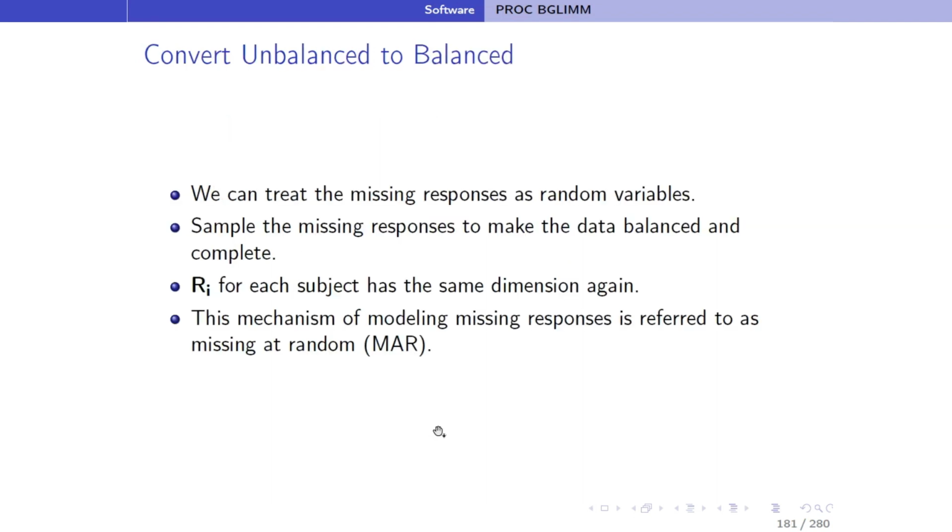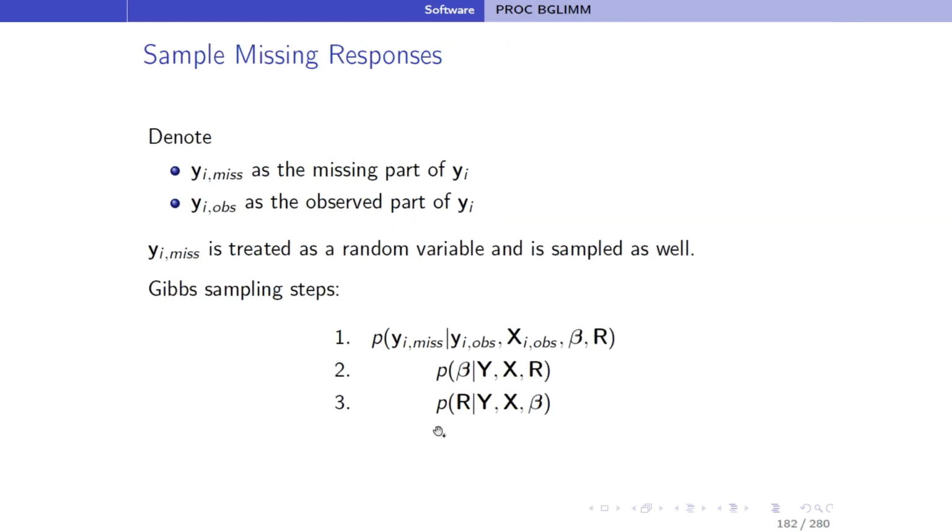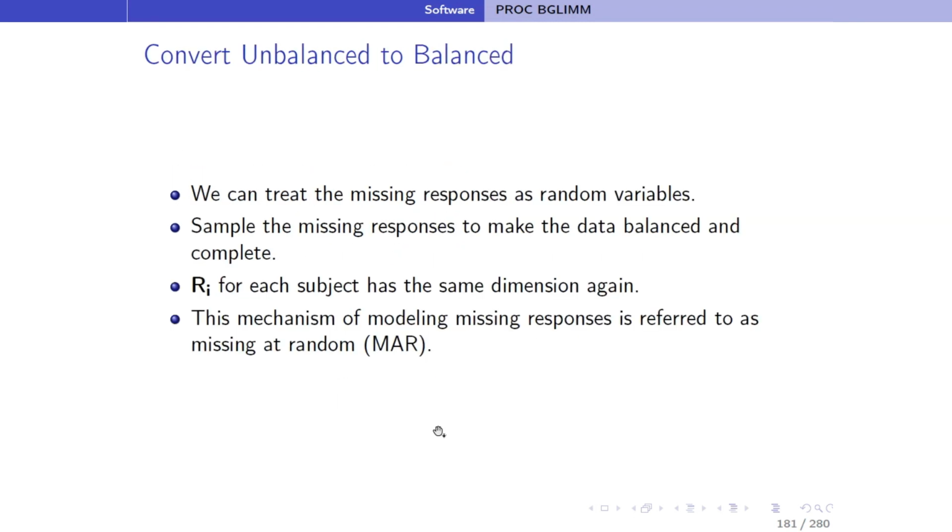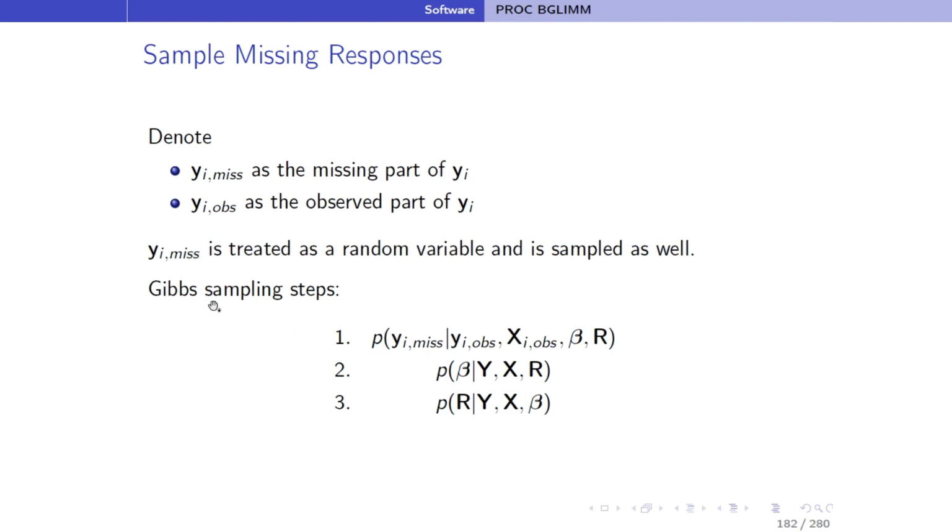So we can treat the data that we haven't seen as missing data, referred to as a missing at random mechanism. The good thing about it is that it sets the residual R to be of the same dimension, and it makes computation easy.